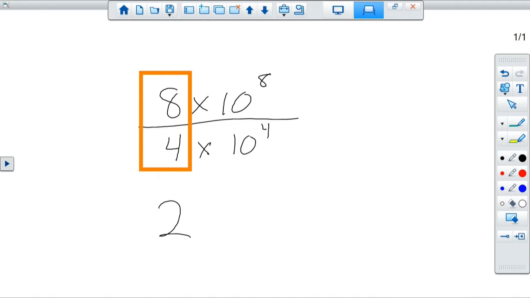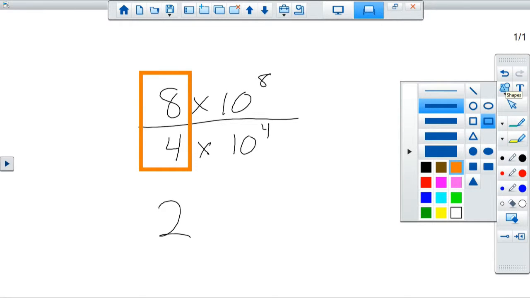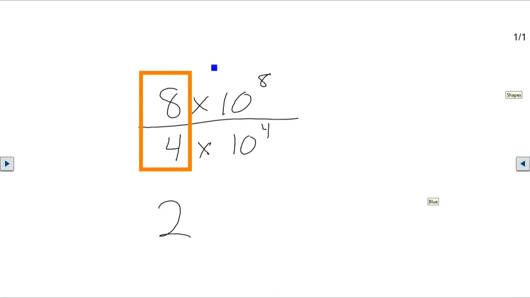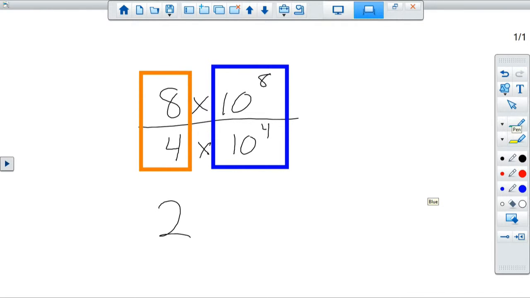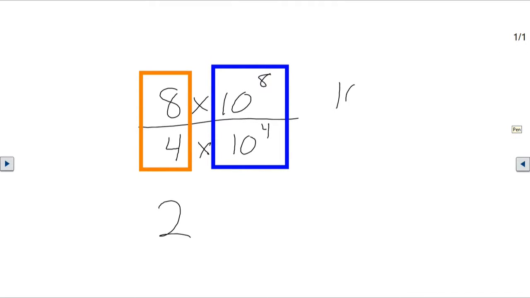So once we've dealt with the first part, we then just want to focus on the powers of 10. We want to divide those. Previously we saw that when we divide powers of 10, 10 to the 8th power divided by 10 to the 4th power, our rule is that we subtract our exponents.